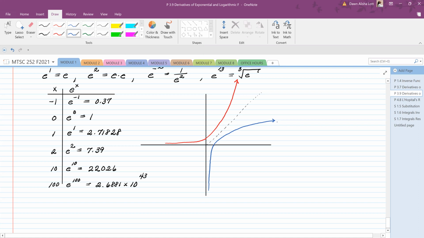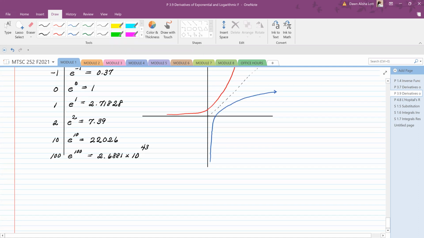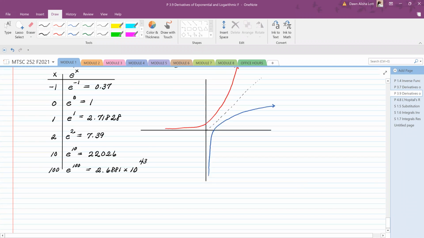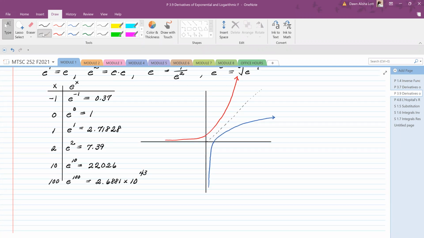Well, guess what? The log function and the exponential function are inverses of each other. So the natural log of x and e to the x are inverse functions.